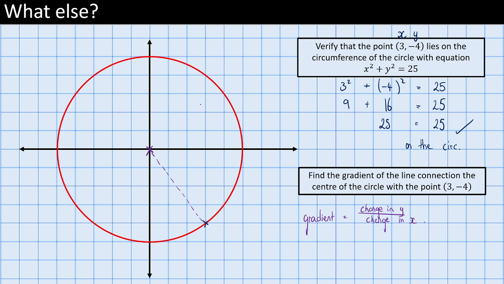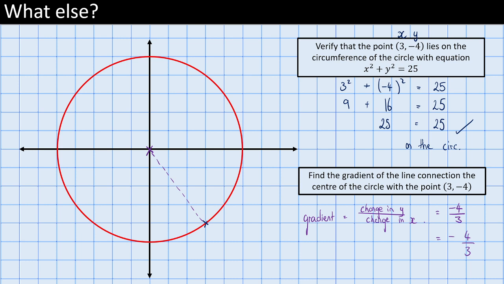So my change in y, I have come down by 4. So that's -4. And I've come 3 units across. So my gradient is -4/3. Okay, there we go. Happy days.